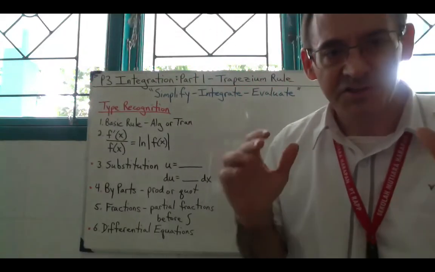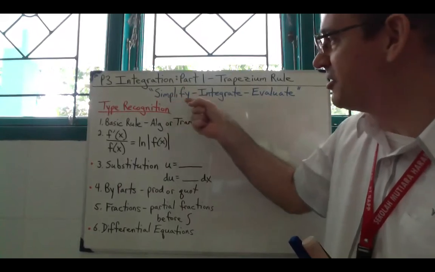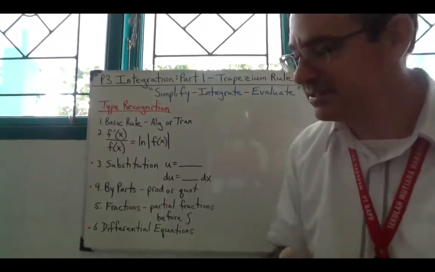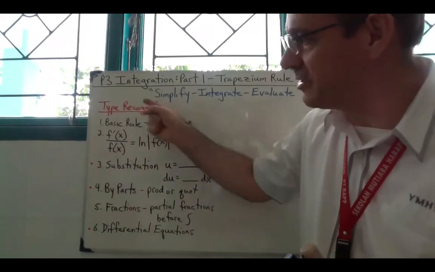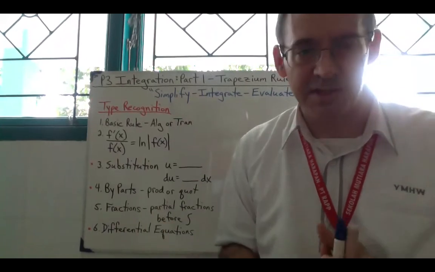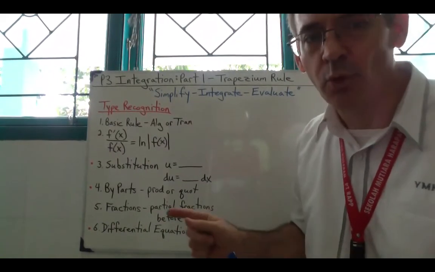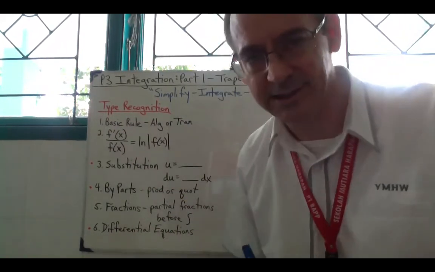So that's what we want to start with first, is establishing a few mental guides. Here's a general mind map that we're going to follow on a question by question basis. This is a recognition of what type or method you're going to want to use. And you might say, why isn't the trapezium rule on the list?